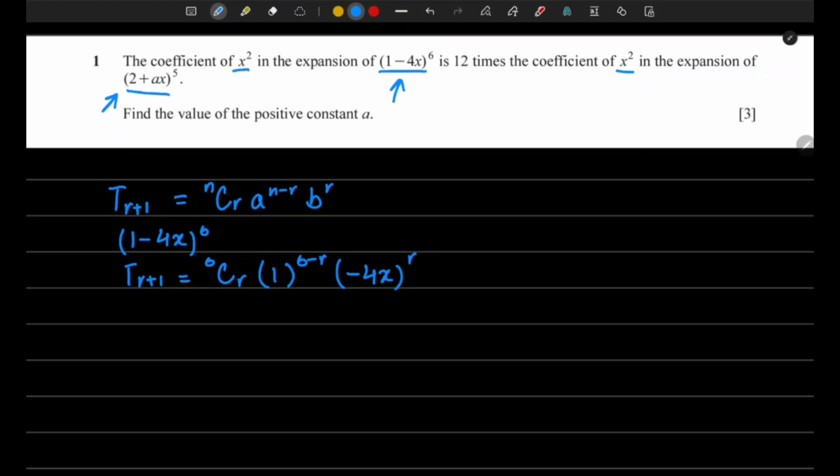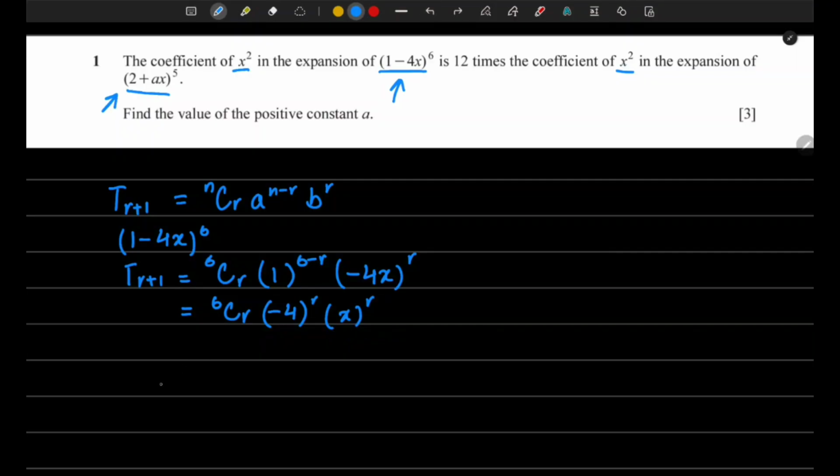So we'll separate x to the power r. 1 to any power is equal to 1, so just ignore this term, and then we get minus 4 to the power r and x to the power r.